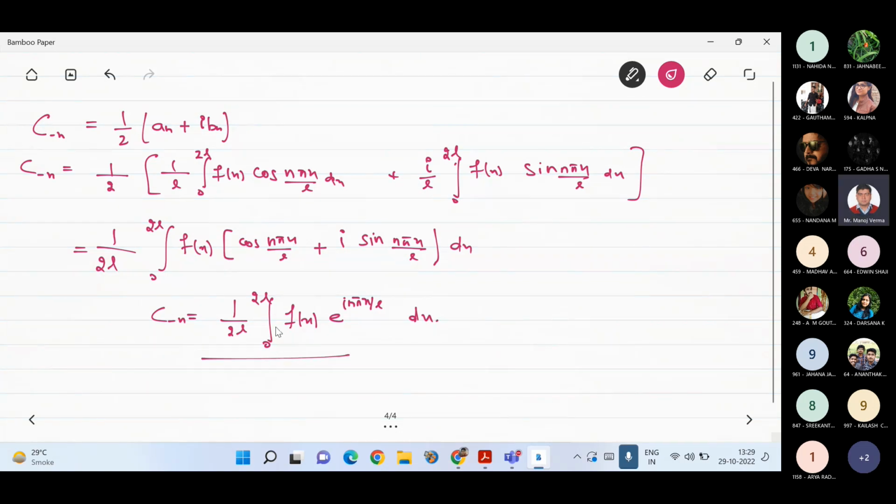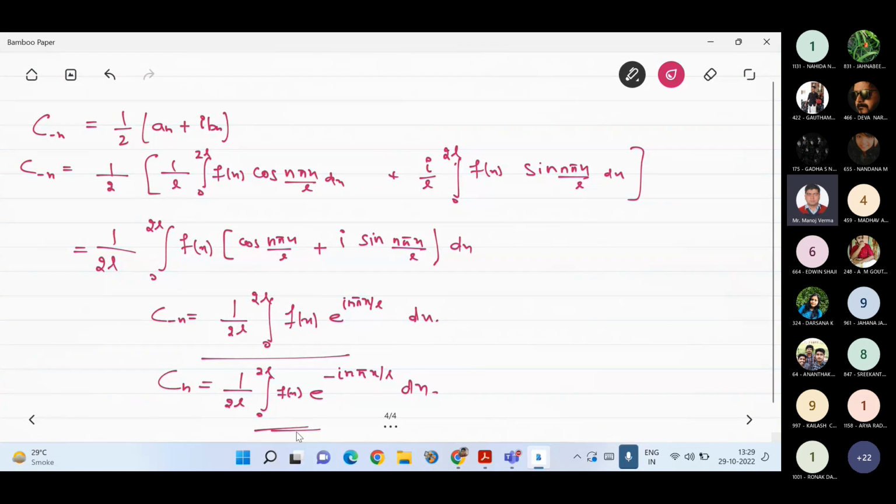So it will become 1 by 2L, 0 to 2L, function into e raised to the power iota nπx/L. And Cn was 1 by 2L from 0 to 2L f(x) e raised to the power minus iota nπx/L dx. So this is just the difference between Cn and C minus n.